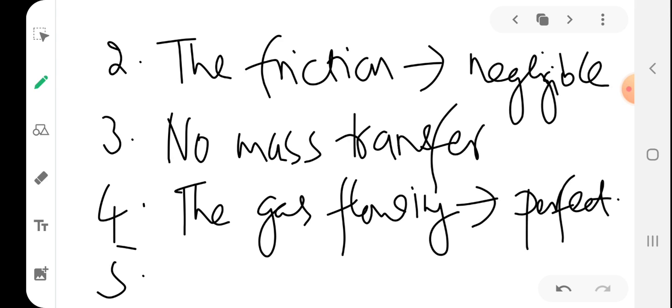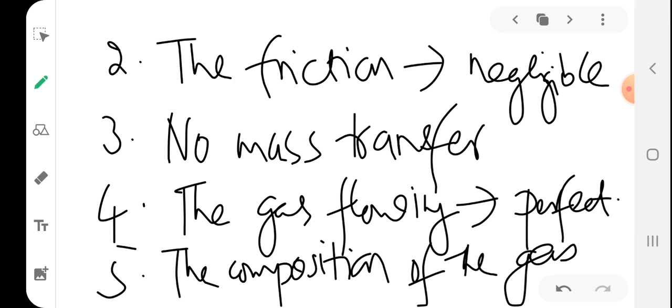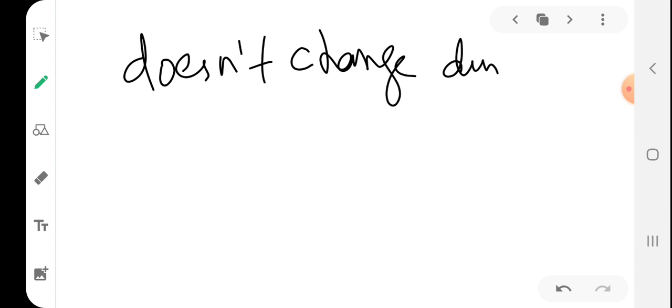And the fifth one is the composition of the gas shouldn't change. The composition of the gas doesn't change during the flow.